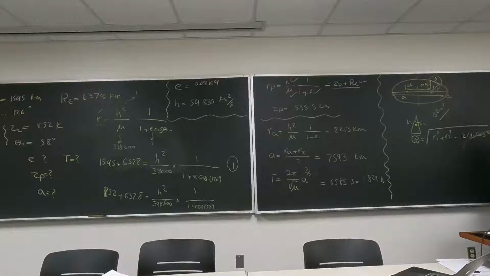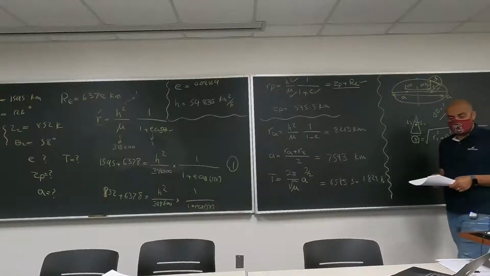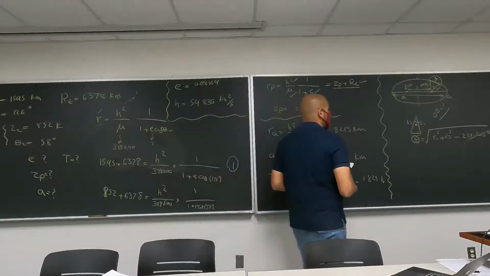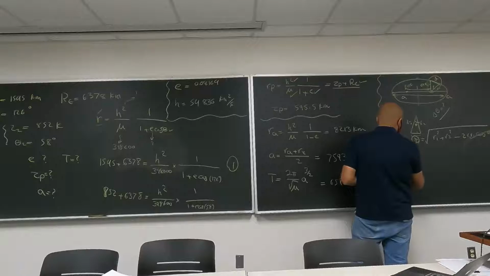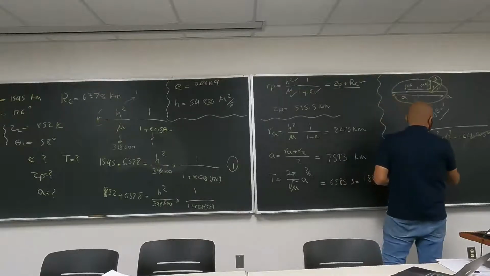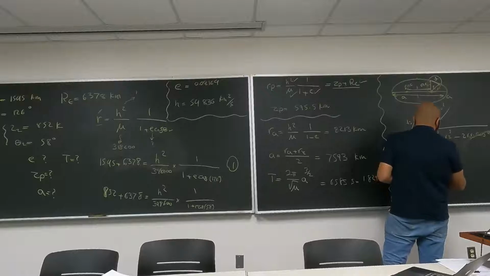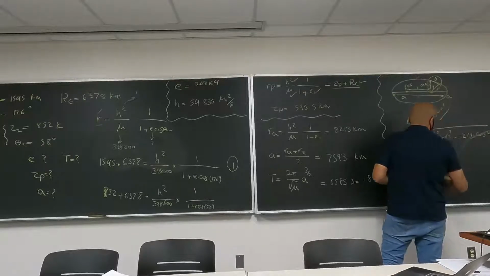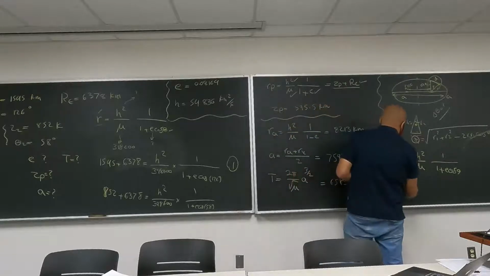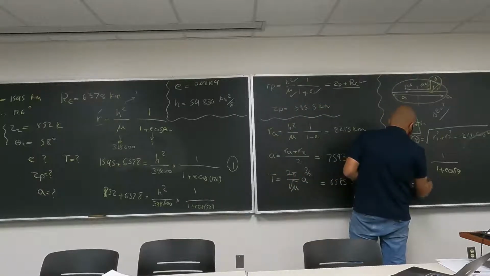We use the regular equation, r equals h squared over mu, 1 over 1 plus e cosine theta. We have two r values. We have the eccentricity value. But we don't have the thetas, do we? That's what we're trying to find.